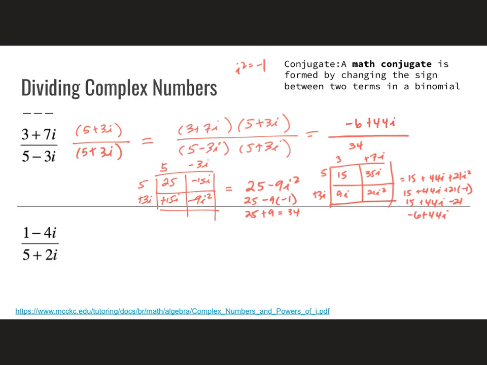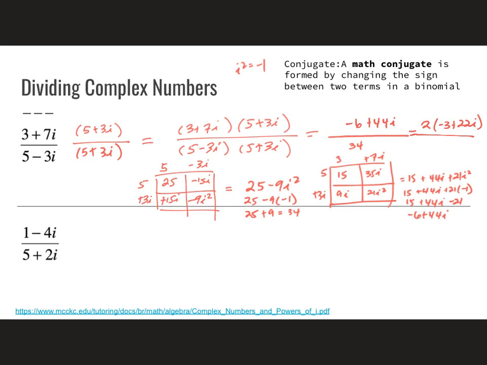Now I can keep going, right? I can actually factor out a greatest common factor that I find between my real and my imaginary term. But for now, I'm just going to say that's fine, right? If I wanted to do that one step further, I noticed that my greatest common factor between negative 6 and 44 is 2, right? So I can factor out the 2 to get negative 3 plus 22i.